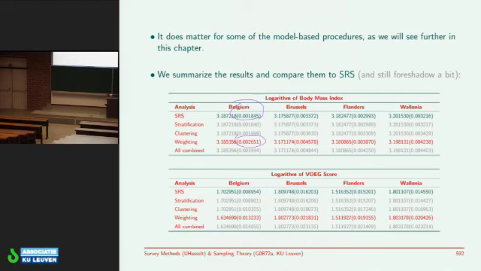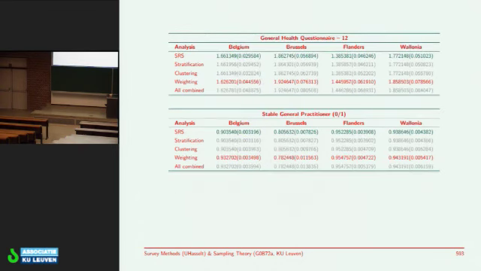It's not necessarily 50%. I didn't say it's always 50%. I didn't even say it's always 50% in the Belgian Health Interview Survey. For example, for the VUC score, it goes from 89.54, so 90, say, to 132. It's a different magnitude by which we see things vary.